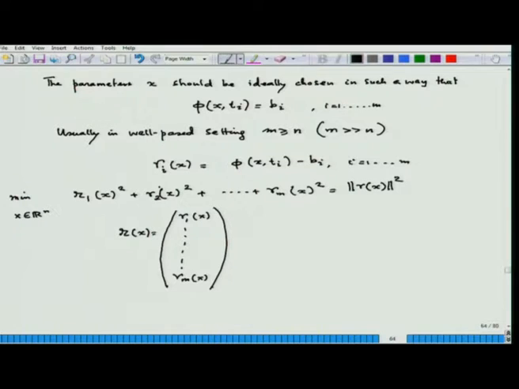So, this is a very important example where least square techniques are useful. Statistics, for example, is one of the very important areas where least square techniques are indeed very useful.